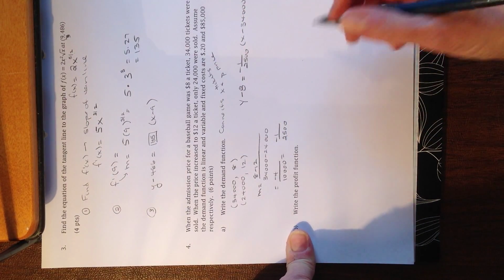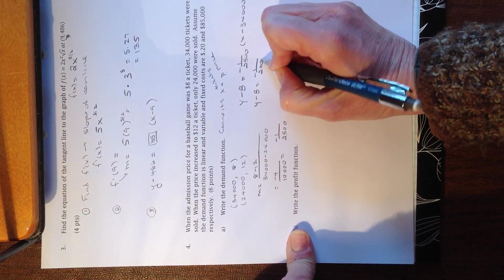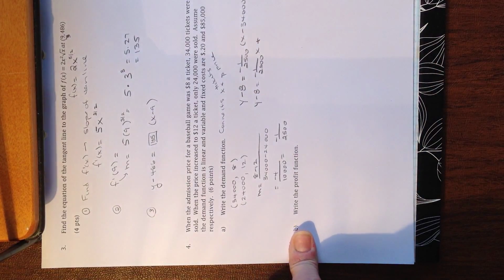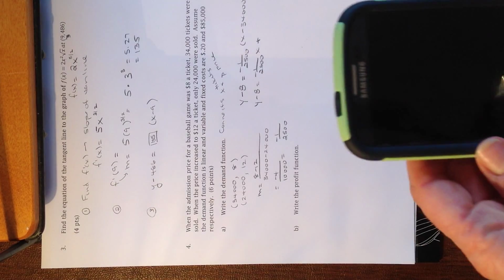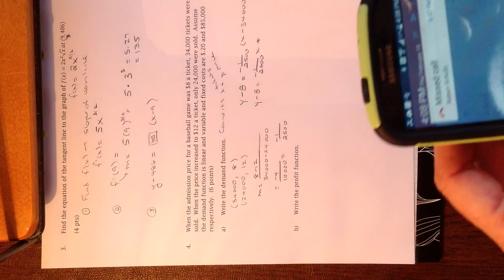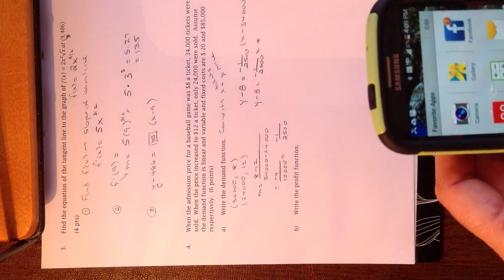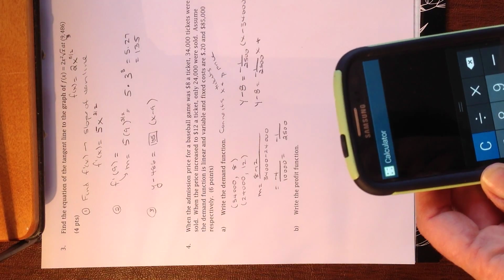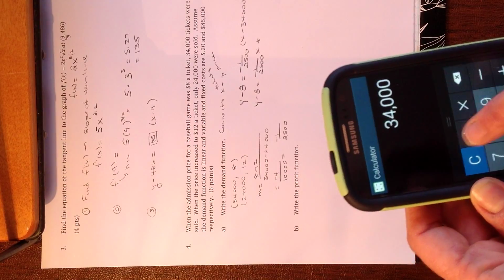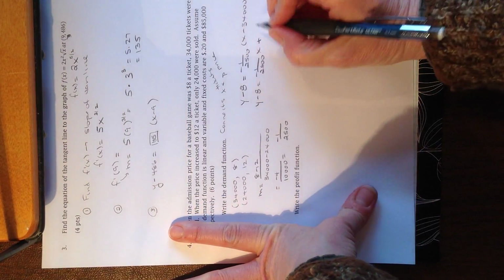And that leads you to y minus 8 equals negative 1 over 2,500x plus 34,000 divided by 2,500, which I need to check because I don't remember offhand what that was. So 34,000 divided by 2,500 is 13.6.